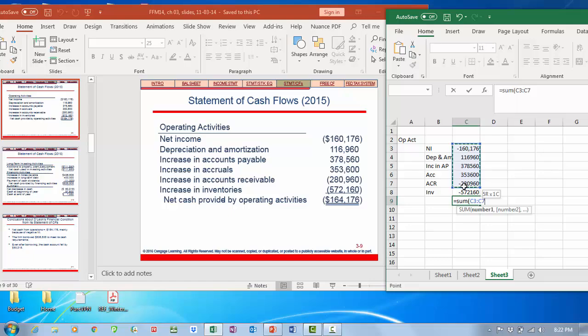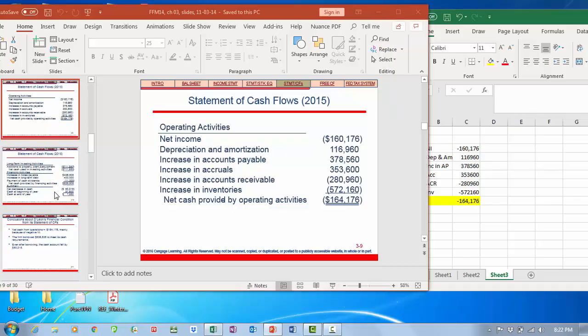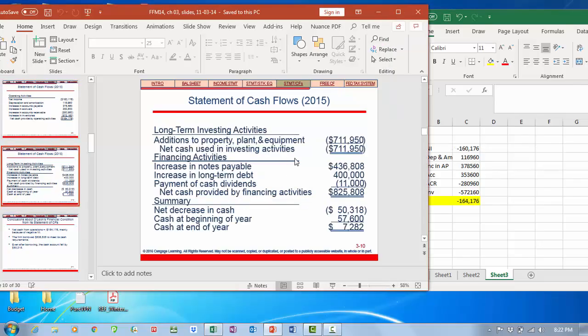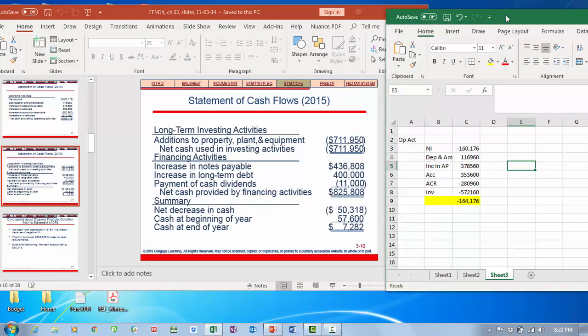And just add all of them, and there you go. So from part A, you have negative 164,176.